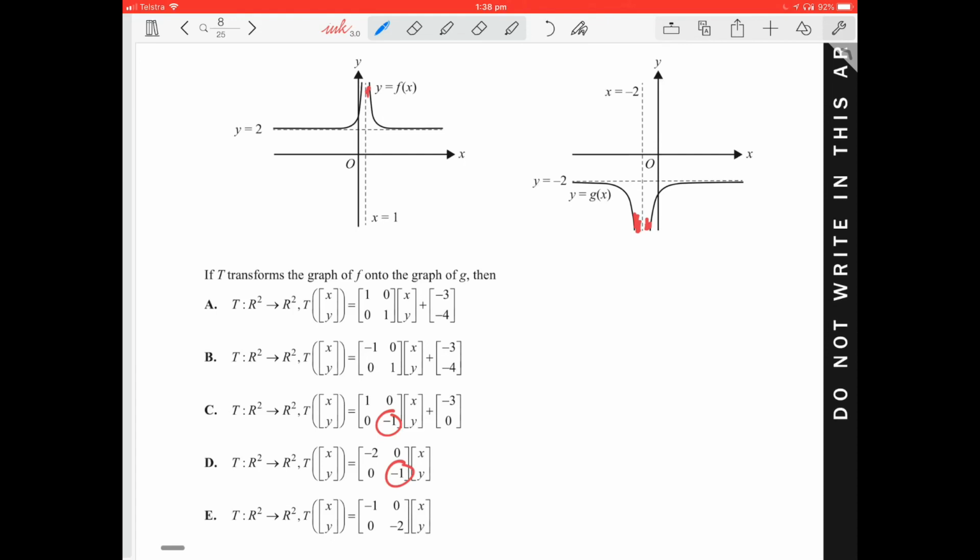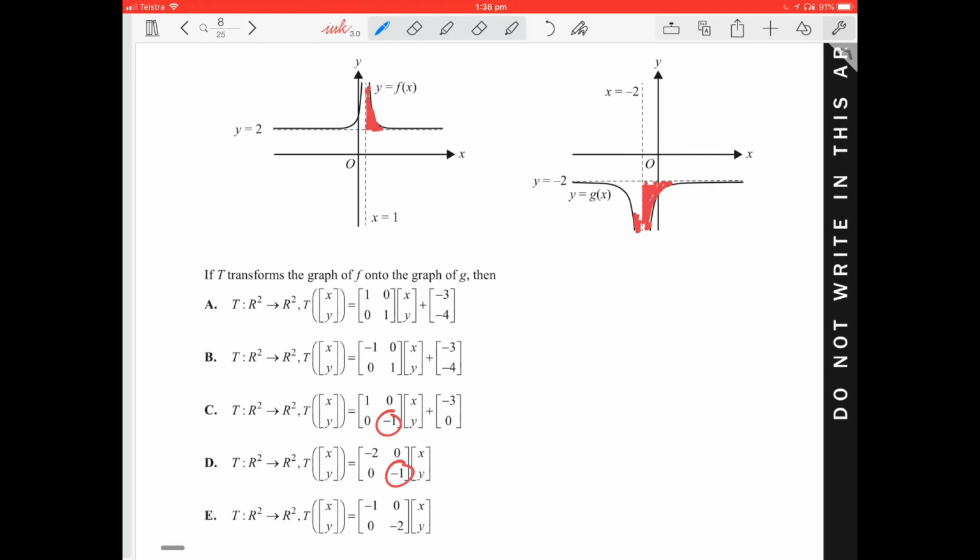I mean, it's definitely further away, but they've drawn it like it's not. Because if you draw this area in here, that area is bigger than that area in there. So it should have been dilated from an axis.